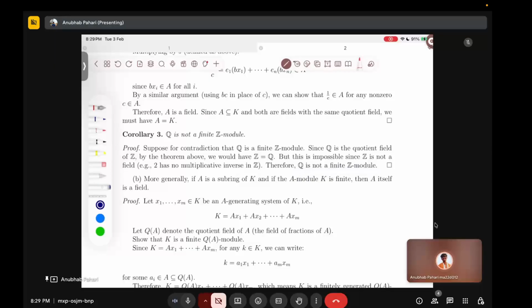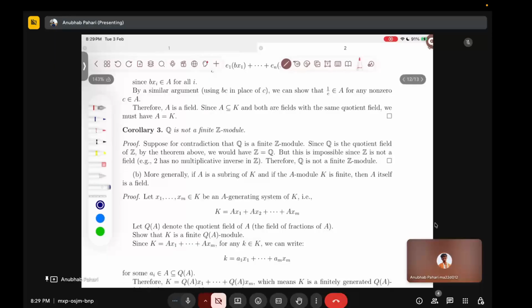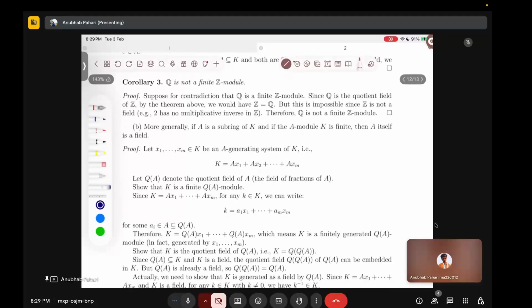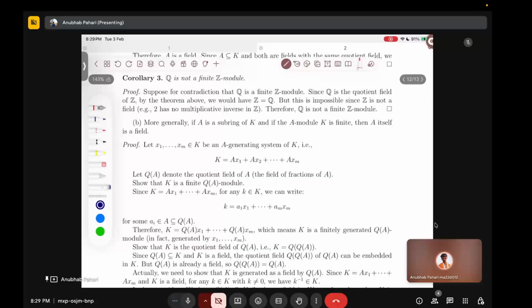So this is an interesting question for PhD interviews or also NBHM, NET GATE type exams. So this is nice. And there is another question: if A is a subring of K and if K is a finite module over A, then A itself is a field.